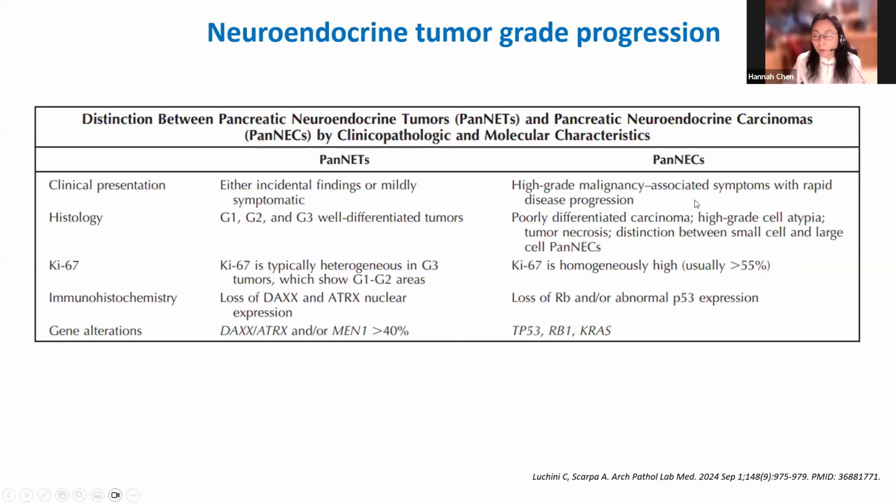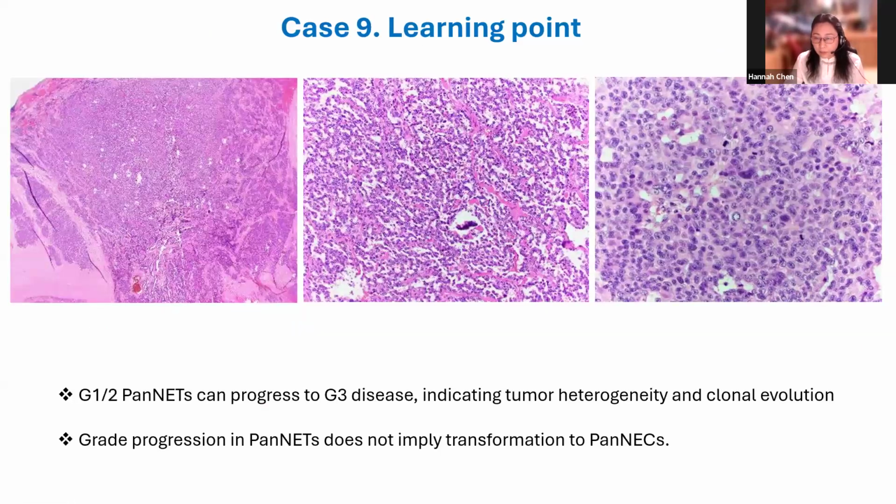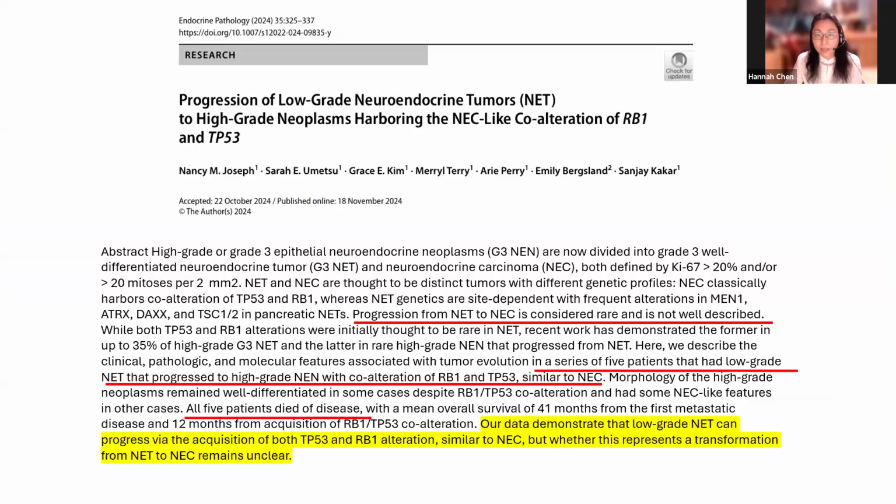It seems all de novo. So this case's learning point: G1-2 pancreatic neuroendocrine tumors can progress to grade 3 disease, indicating tumor heterogeneity and clonal evolution. Grade progression in pancreatic neuroendocrine tumor does not imply transformation to pancreatic neuroendocrine carcinoma.